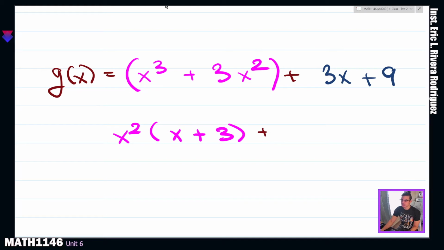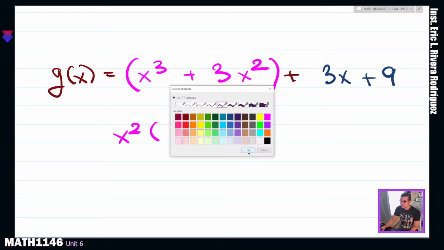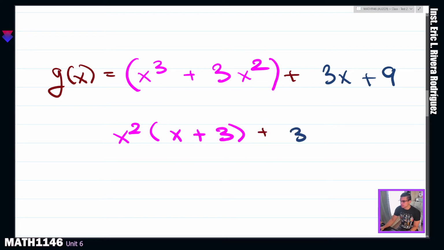From the second group, do we have a common factor? It is 3. So 3 on the first term, and 9 has to be 3 squared, or 3 times 3. So we can take one 3 out from there, and what is left is just 3.